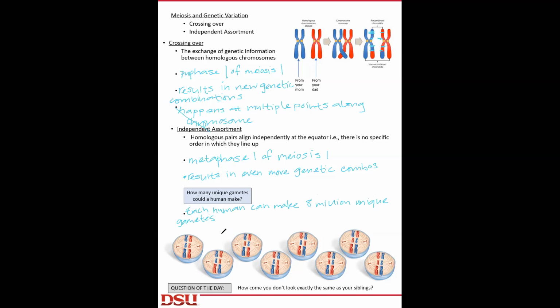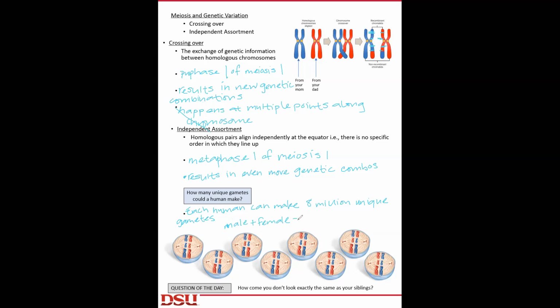But then what happens when you have one male with his 8 million possible combinations and one female with her 8 million possible combinations?